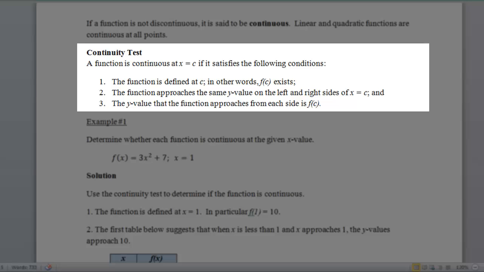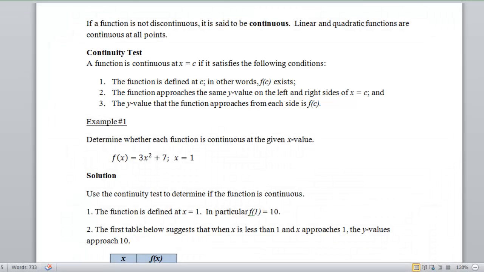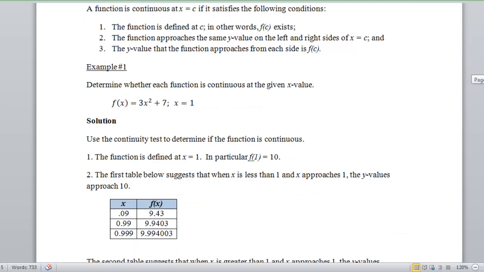On the second page of notes we have three specific tests that we need to conduct on a function to determine if it's continuous at a given value for x. We're going to look at an example first and how we apply these three tests, and then we can work a problem of our own.